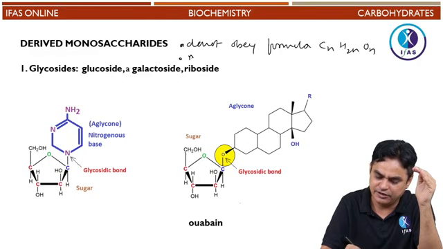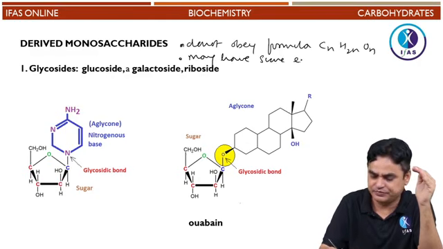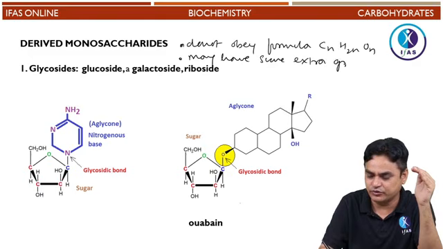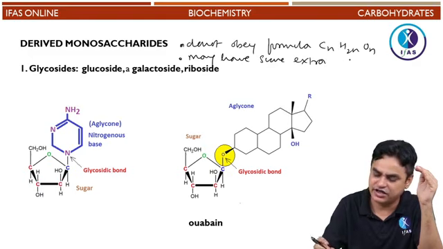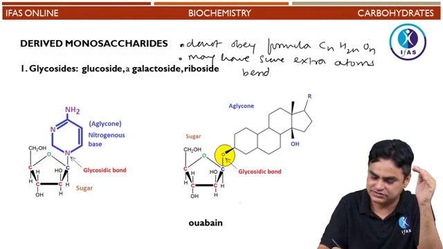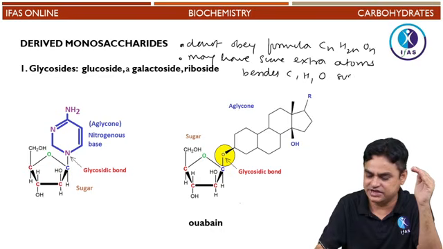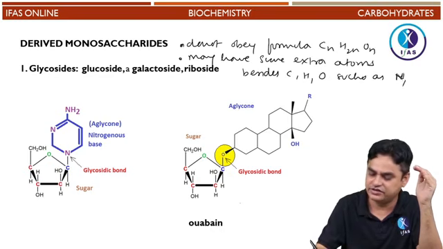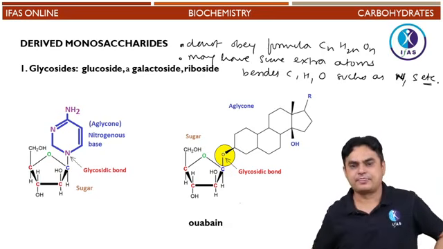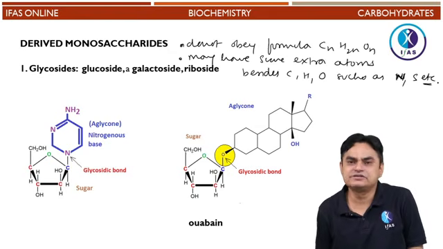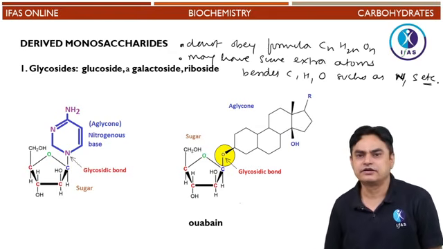They may have some extra groups or extra atoms besides carbon, hydrogen, oxygen, such as nitrogen, sulfur, etc. Such sugars would be referred to as derived sugars.